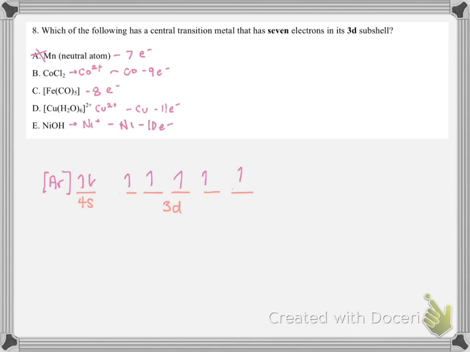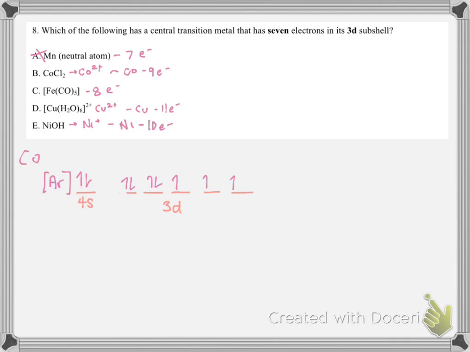So now we can look for cobalt, which will also have an argon core. And in this case, it's going to be cobalt 2+, because each of those chlorides has a -1 charge. So I'm going to start by writing the configuration for neutral cobalt. We have 9 electrons to draw. 1, 2, 3, 4, 5, 6, 7, 8, 9.